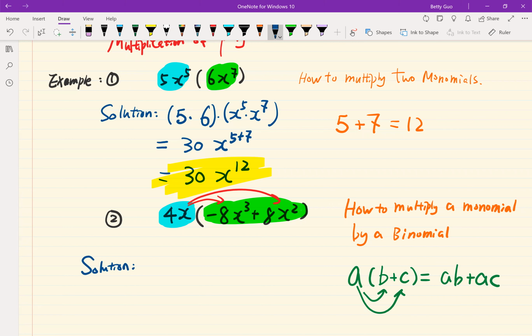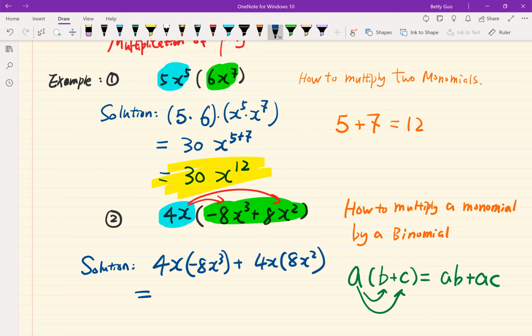So the blue polynomial, which is a monomial, outside the parentheses, multiplies each single term in the binomial. So far, so good? Same as the distributive property, right? All right. We are going to simplify in the next step.